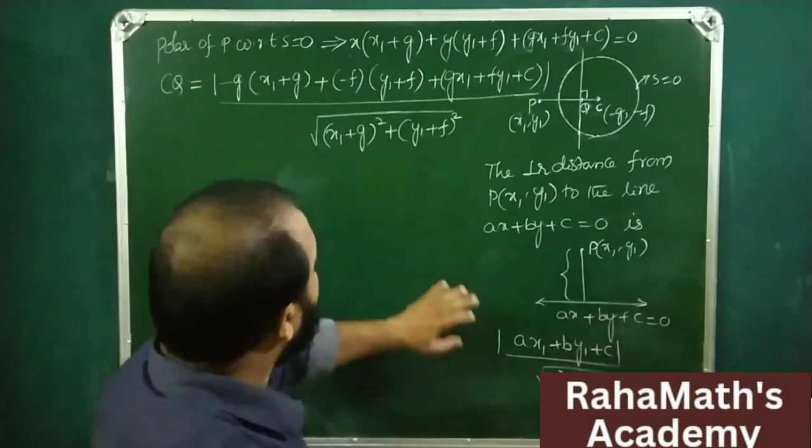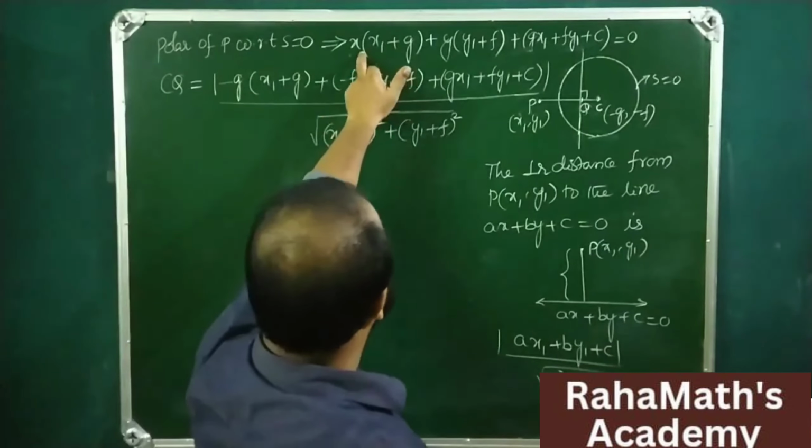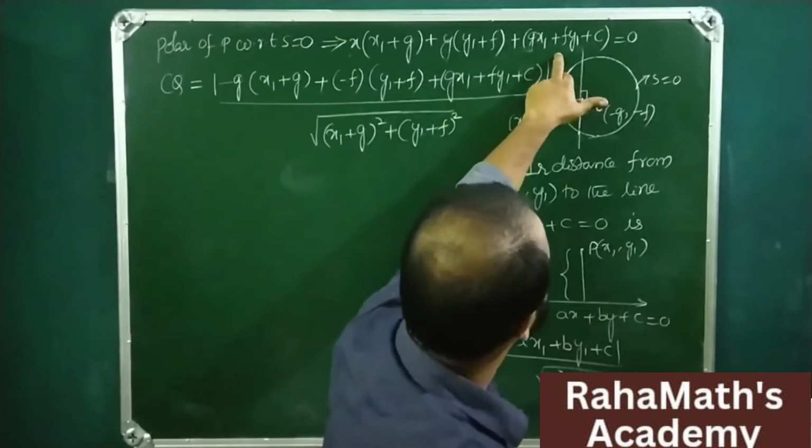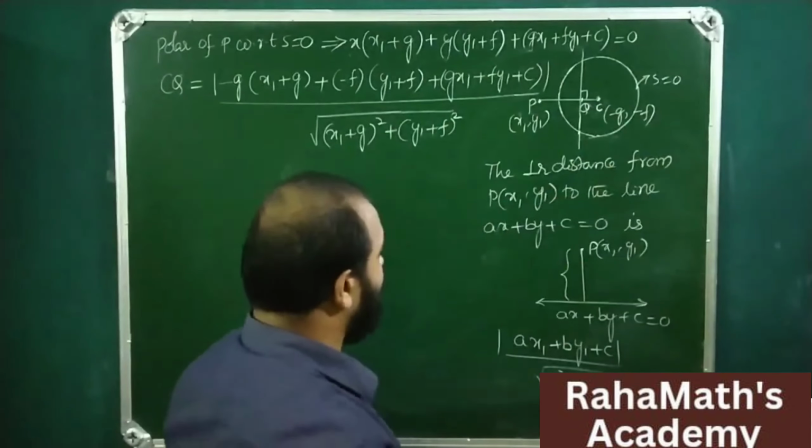Same way I have applied here also, with the line ax plus by plus c equals to 0 and the point (x1, y1).